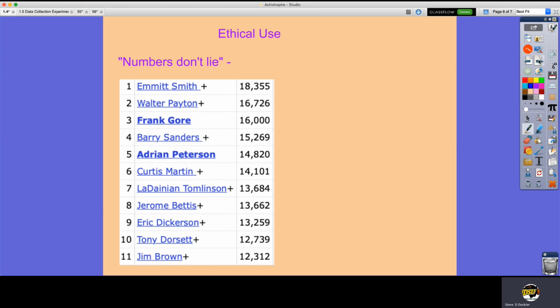And notice this. I did not put how long they played up there, right? We just put total yards there. So what Max said is right. What Eli said is right. Other variables that could be thrown in here is what kind of team did Emmitt Smith play on for the most part?